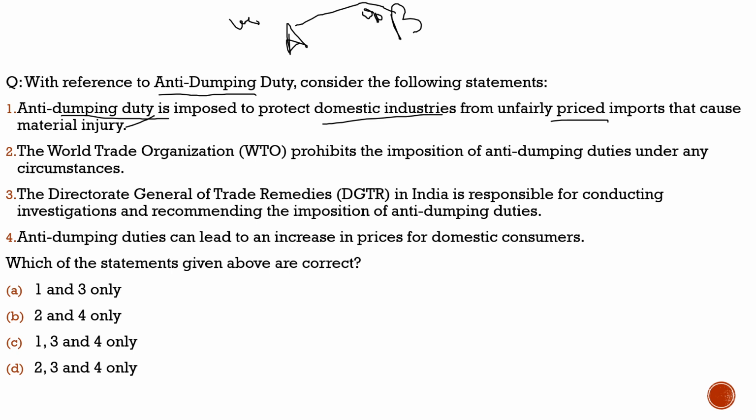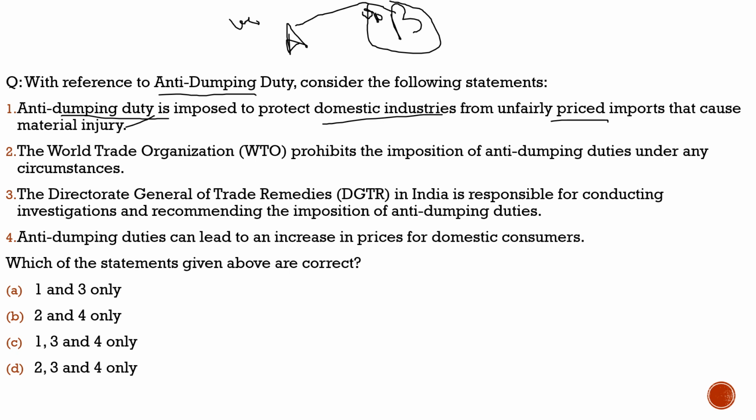So what will it lead to? It will damage the domestic industry of country B. So that's why anti-dumping duty is put forward by countries to protect their domestic markets. So the first statement is totally correct.